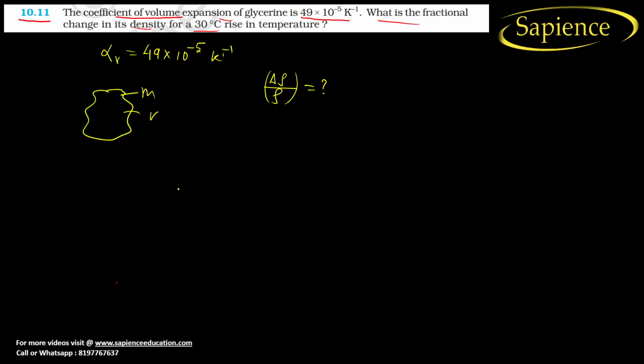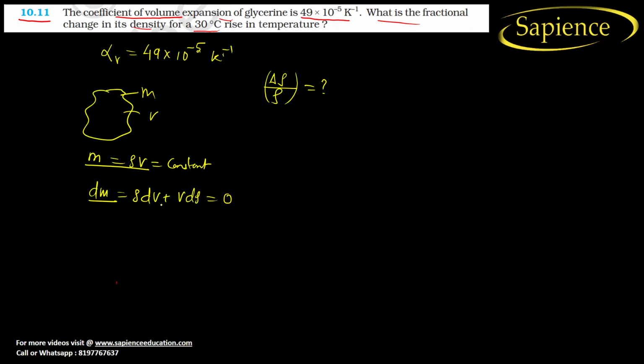We want this quantity. Before that, we need to understand that mass is equal to density into volume. So mass is constant, right? If you know partial differentiation, dm is equal to rho into dV plus V into d rho, and this is equal to 0. Why 0? Because mass will remain constant whenever you increase the temperature.